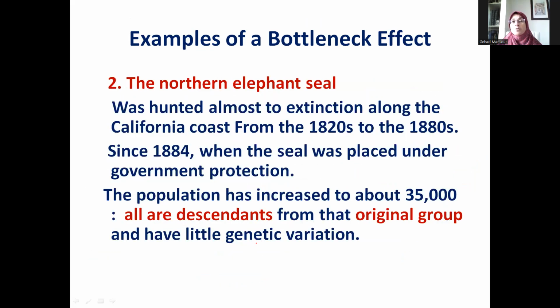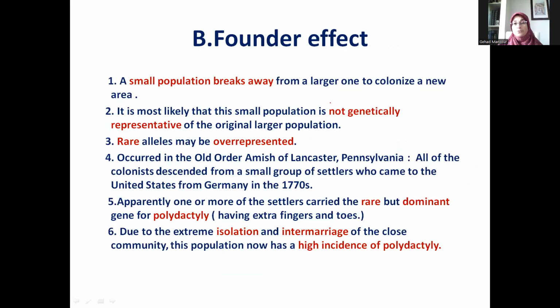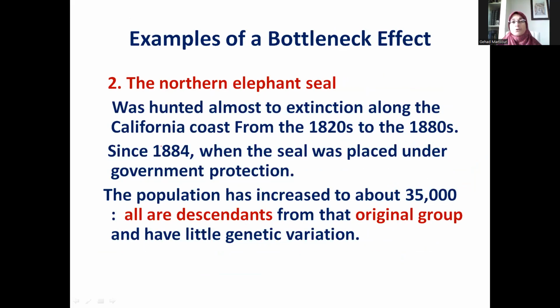And the other example of a bottleneck effect is the northern elephant seal. Of course, we don't have a picture of it here, but it was hunted to extinction, meaning that they hunted it extensively in California from the 1820s to 1880s, like a 60-year period.